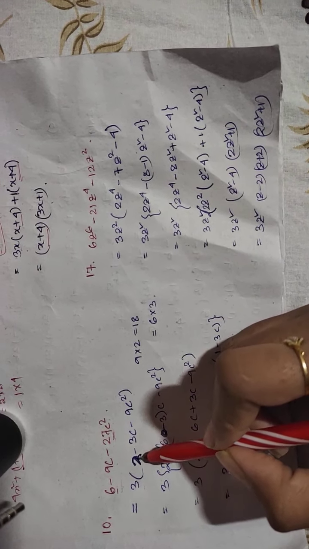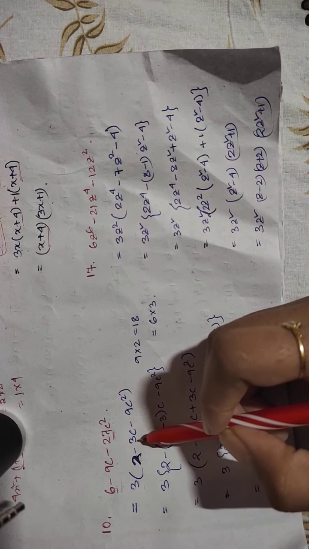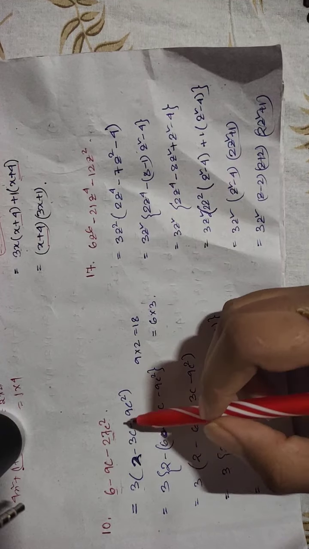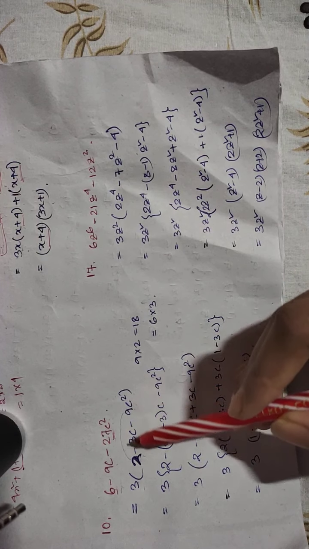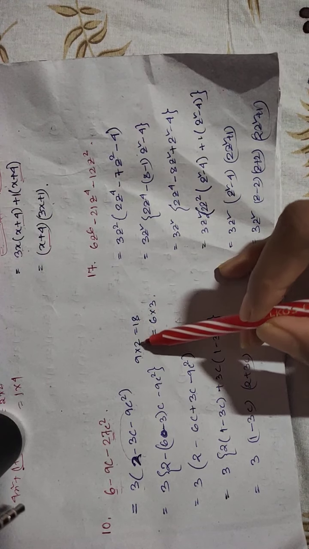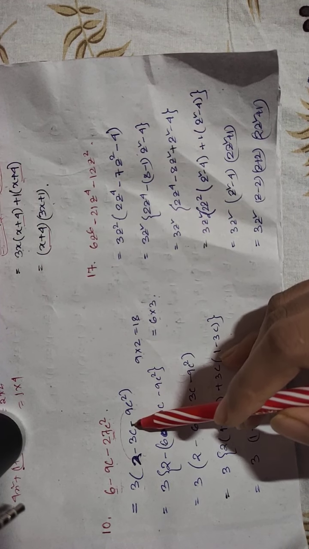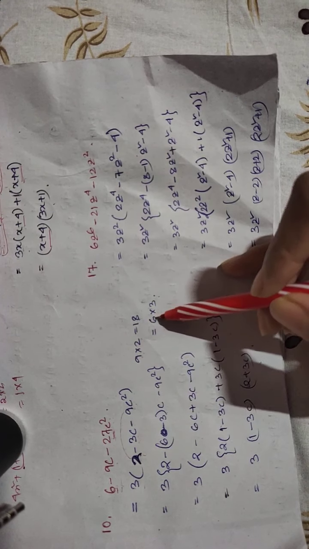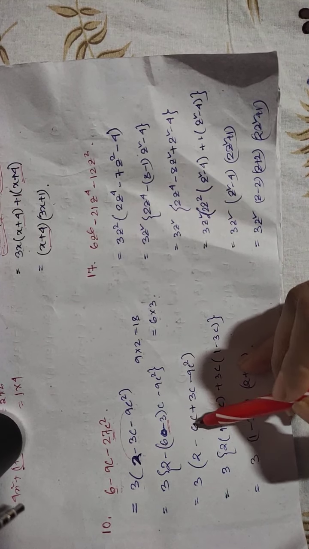If I take 3 common, we will get 3 2s are 6, 3 3s are 9, 3 9s are 27, so like this we will get. Now these two we have to multiply, 9 2s are 18. What are the factors? 18 we can write as 6 into 3. Here subtraction is given, that means by doing subtraction we have to get 3. So 6 minus 3 is 3 only.